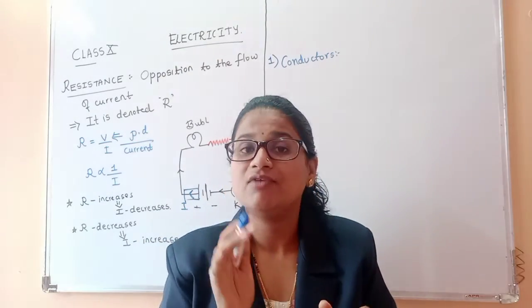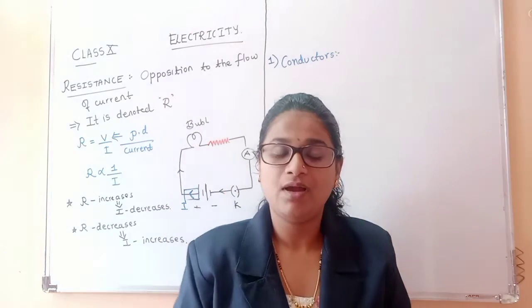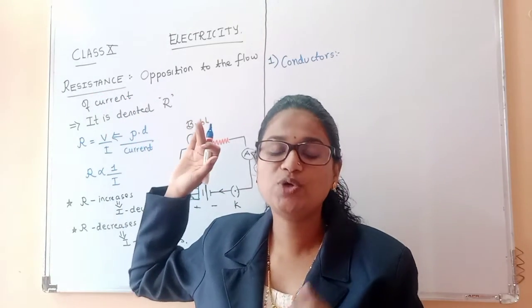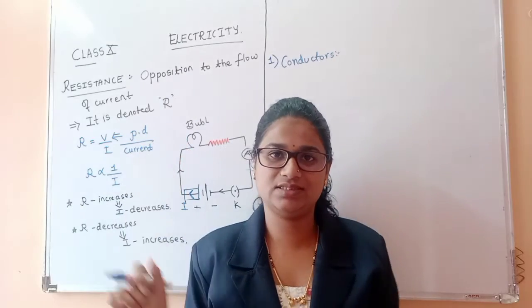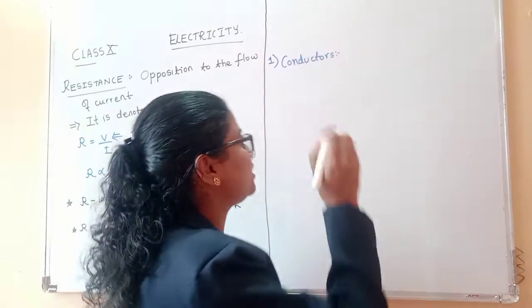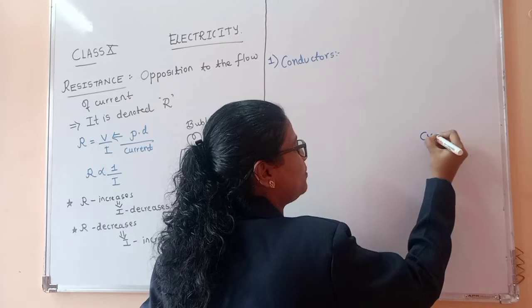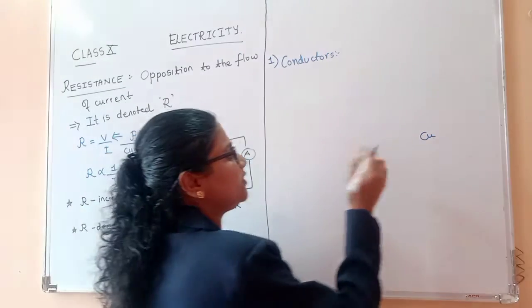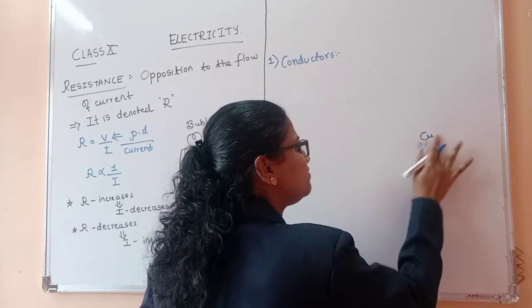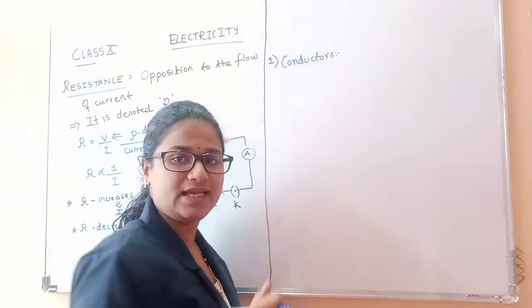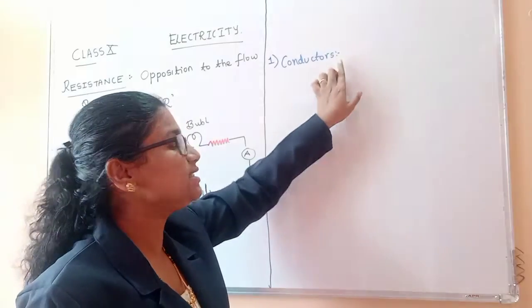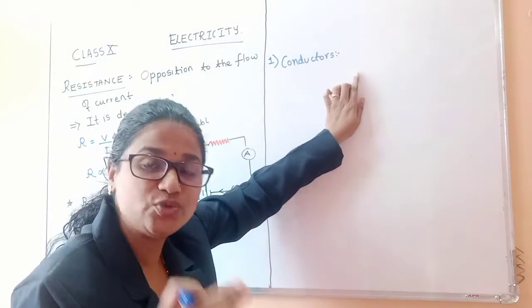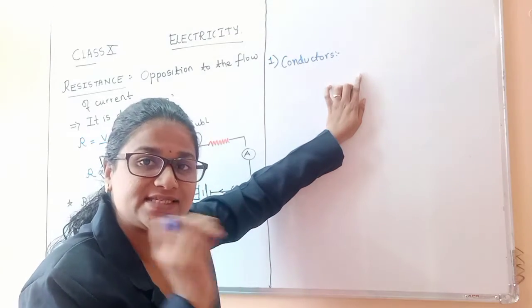Conductors are the things which allow the flow of current. But with reference to resistance, how can we define conductors? We can take copper wire as an example, the mostly used wire. Then we can take aluminium. All the metal wires can conduct the electric current. So these conductors allow the electric current to pass.